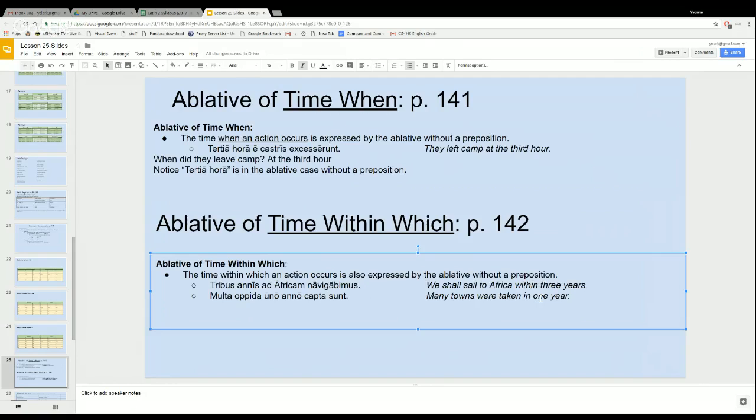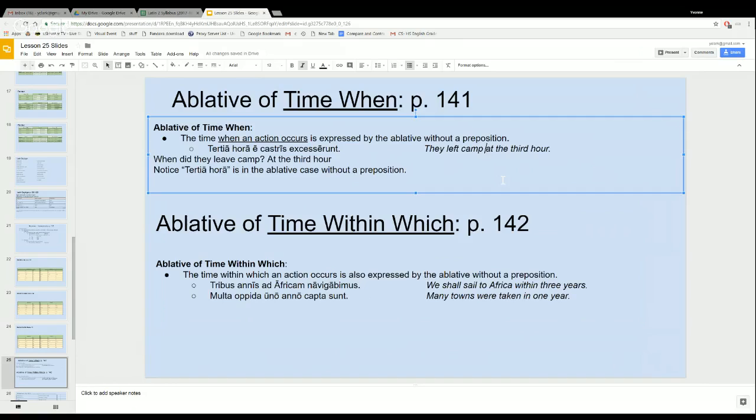As a translator, you're still getting it in the ablative. It's still that ablative of time. As long as you express it in English using within, in, or at, and it makes sense, you're going to be just fine.